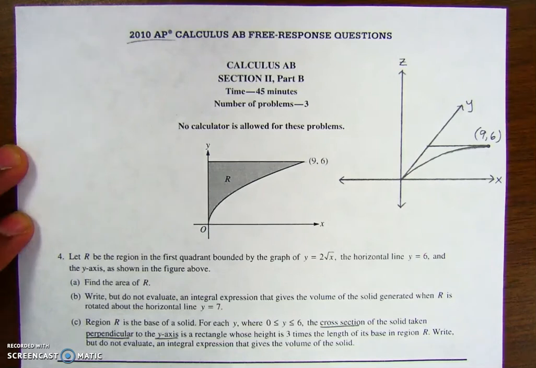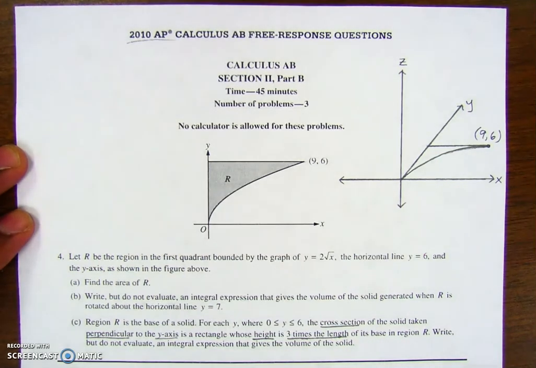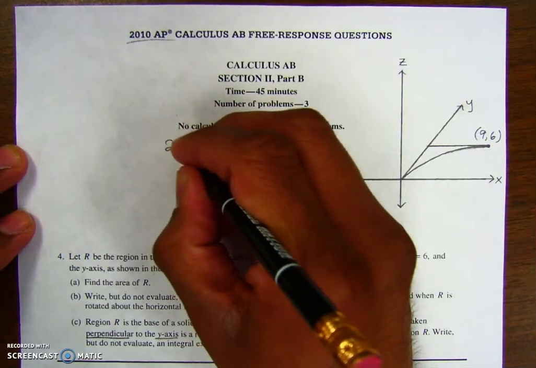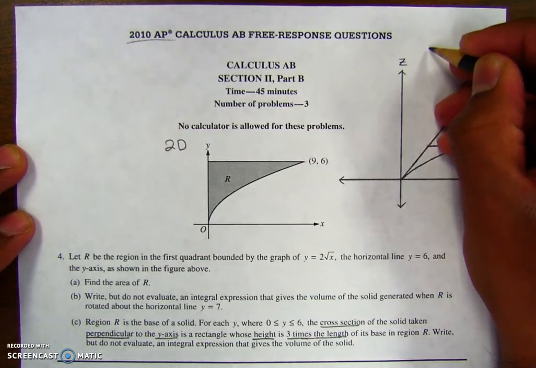And something that's a little out of the ordinary also is that they are giving you pretty much an equation for the height. The height is 3 times the length of the base. Okay, so again, as I explain this, I'm going to be showing you the 2D compared with the 3D.